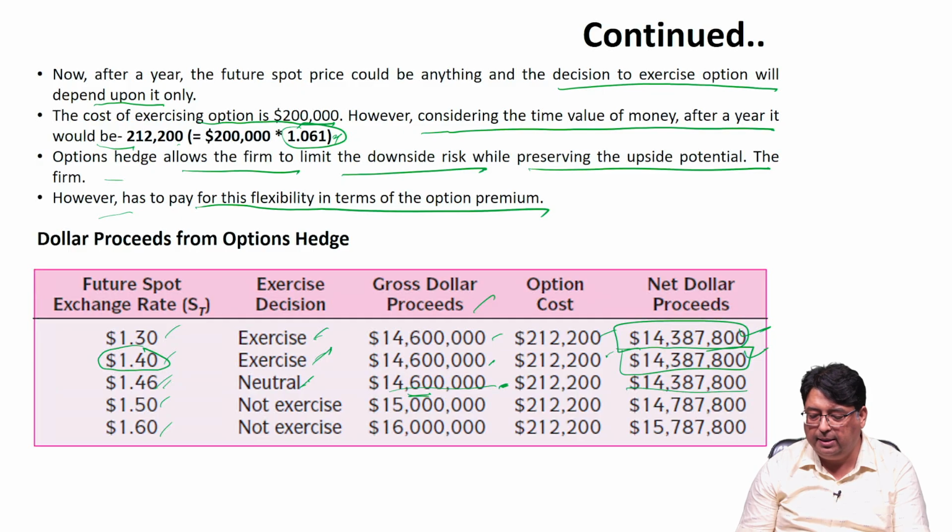From this, subtracting this, the firm will get this one.